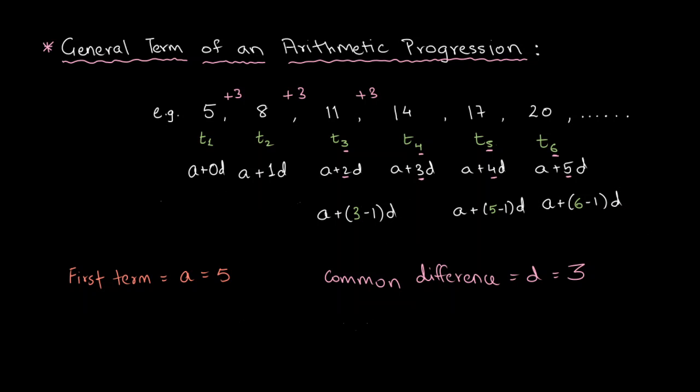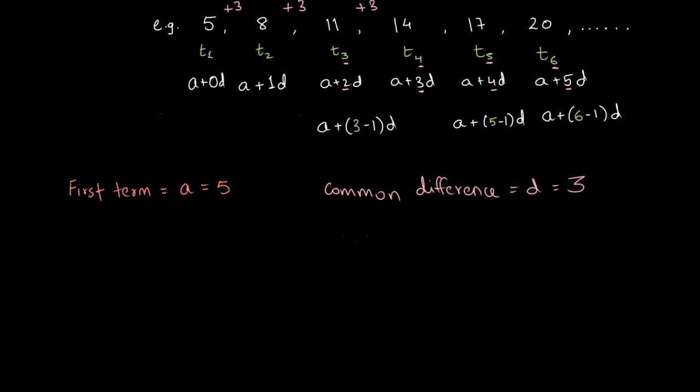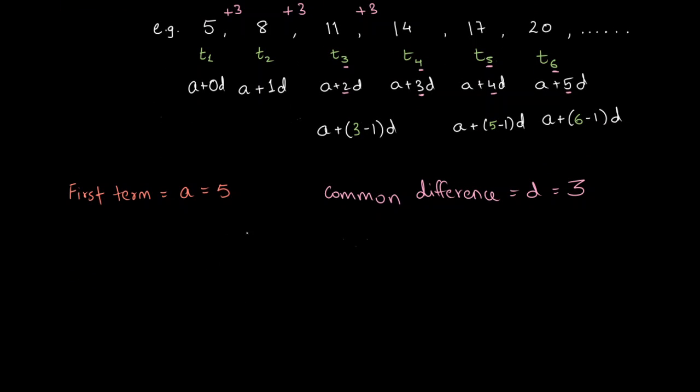And by extending the same logic, we can figure out the formula for the general term. The general term is basically any term, the nth term or the mth term, of an arithmetic progression, and that can be written with the formula a plus n minus 1 into d.